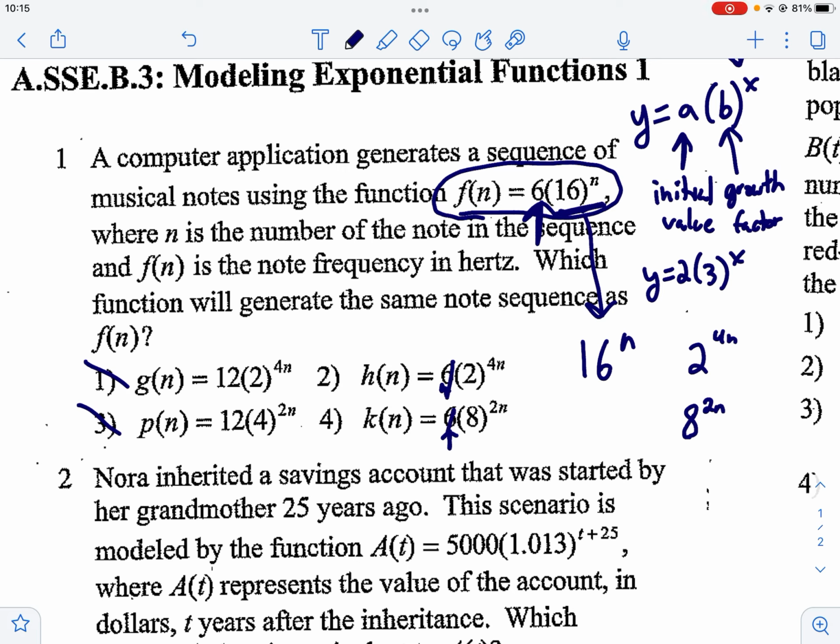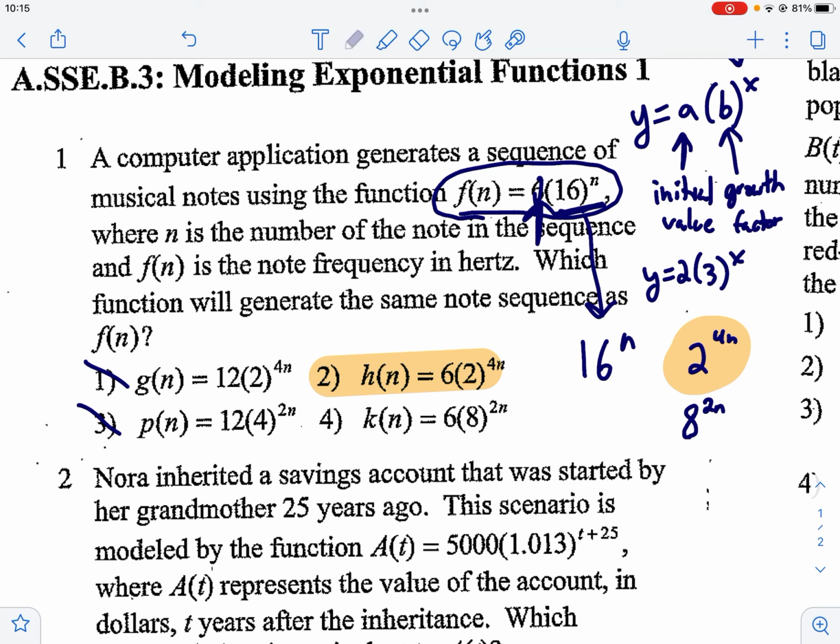So we're just taking away that initial value part because that's going to be the same in all of these. 16 to the n, that's the same thing as 2 to the 4th power. So, answer choice 2, 6 times 2 to the 4n, is the same thing as 16 to the n.